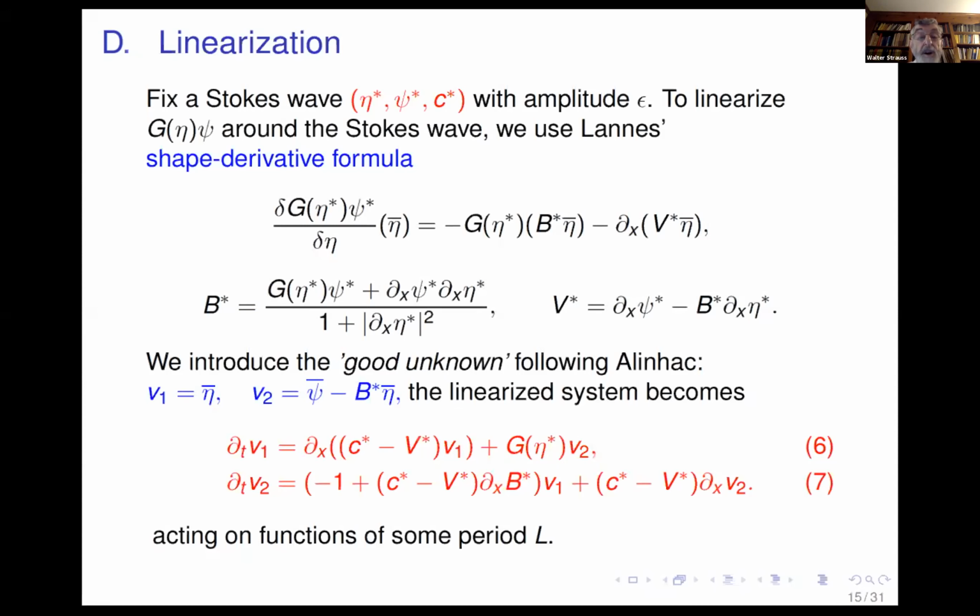So epsilon is small, you have the little Stokes wave, and then you have the shape derivative formula, which tells you what the Frechet derivative is. And we also use the so-called good unknown that Alinhac suggested. And then the system that I showed previously becomes 6 and 7 at the bottom of the page. So we're going to be working with 6 and 7. And they act on some periodic functions.